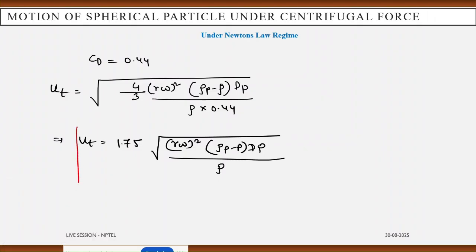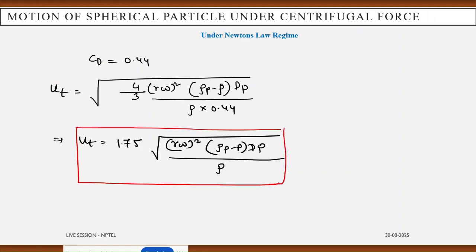This equation is for Newton's law regime, and the ratio of the velocities at Newton's law regime will be nothing but r omega square by g.